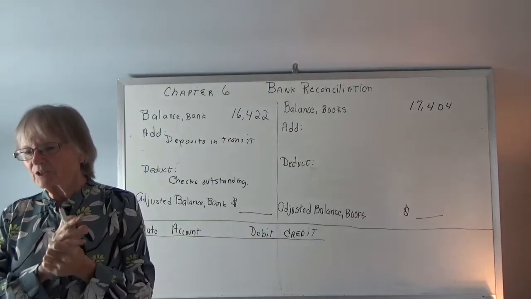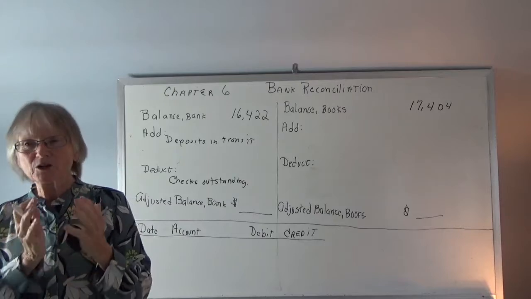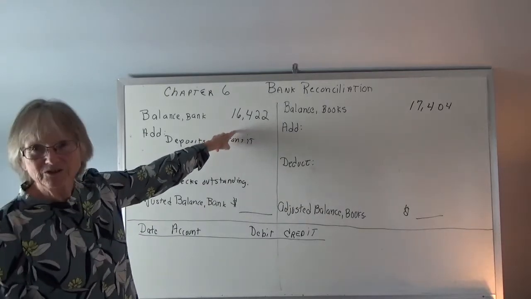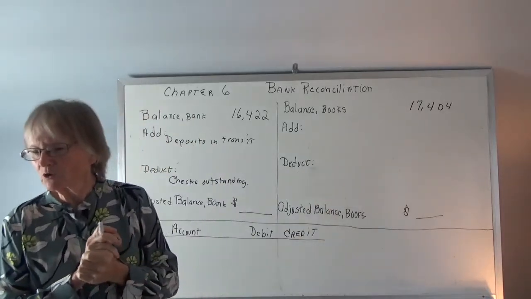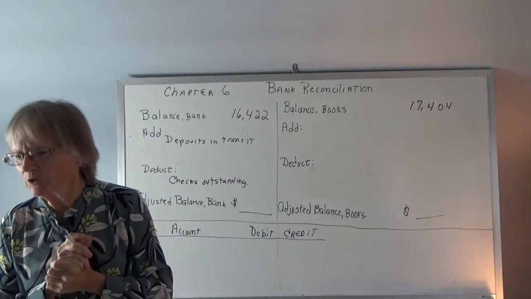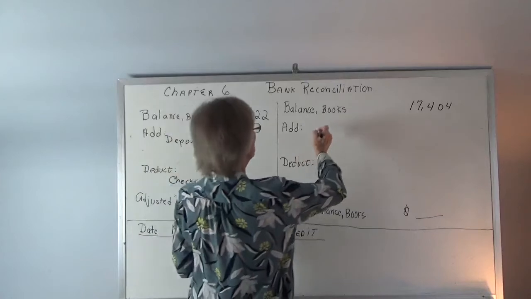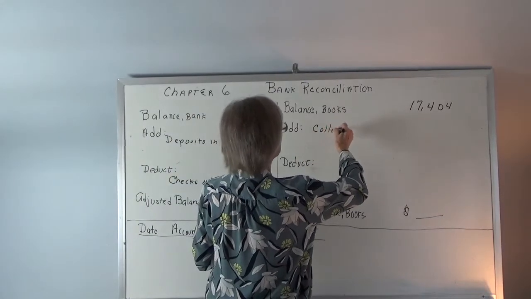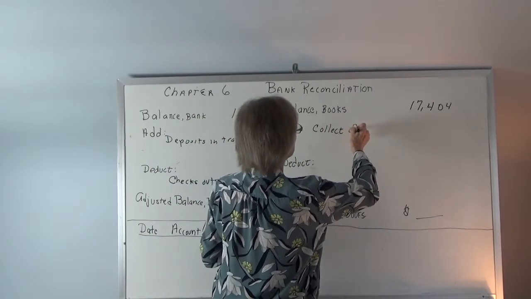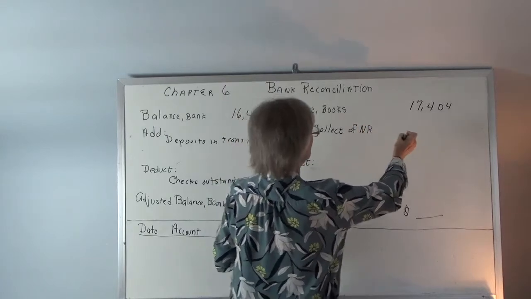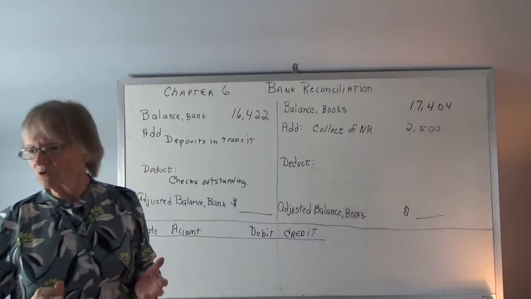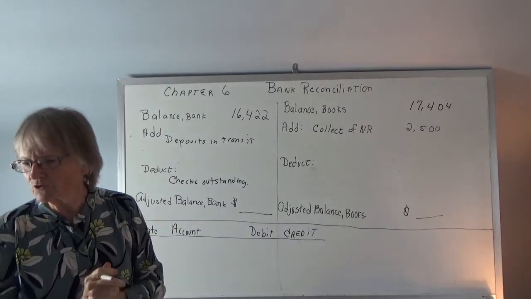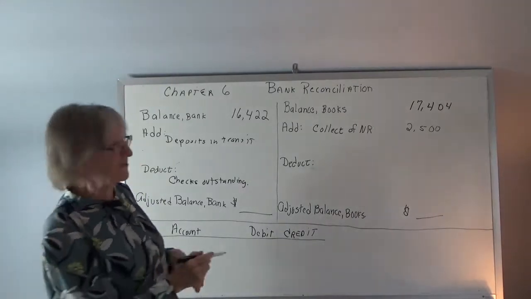But then the collection of the note receivable, the bank already knows about that, and that's reflected in this number. But the books don't know. So it says collection of a note receivable for $2,500. So we would say we've got to add that in because the books don't know about that. All right, and then it says there was some collection of interest on the note of 30.